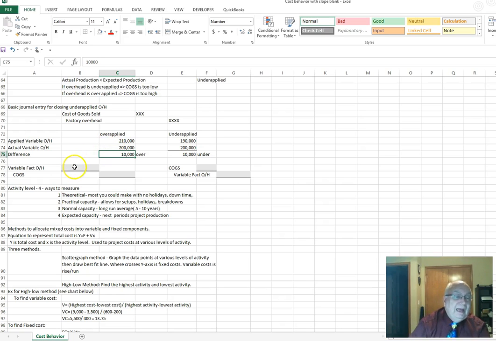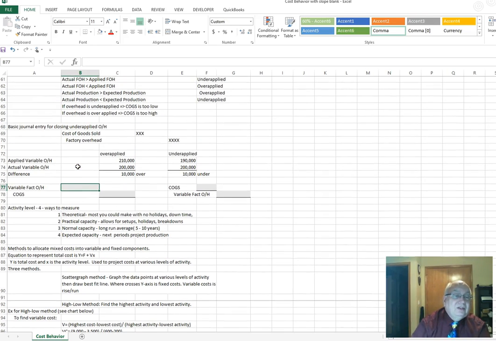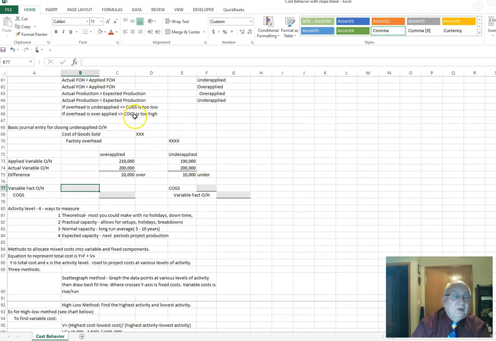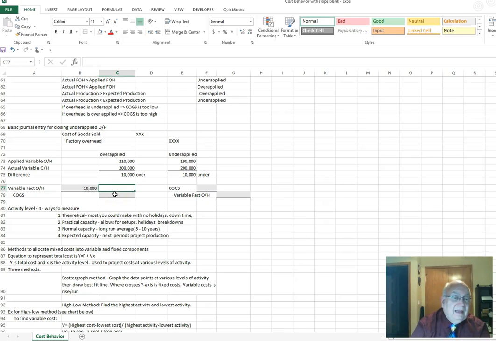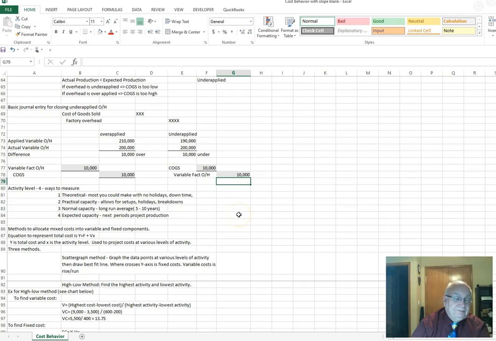Well, for the overapplied, the cost of goods sold is too high, so we need to reduce it by the $10,000. So we would debit the variable factory overhead and credit cost of goods sold for the $10,000. And over here, we do just the opposite because it's underapplied. So the cost of goods sold needs to be increased by $10,000, and the variable factory overhead decreased by $10,000.